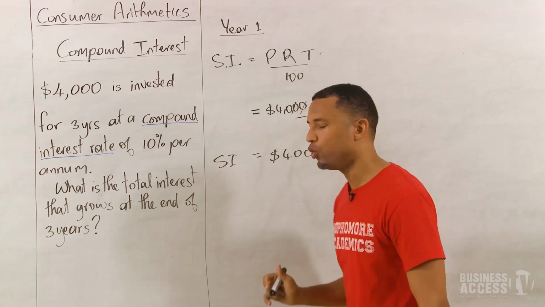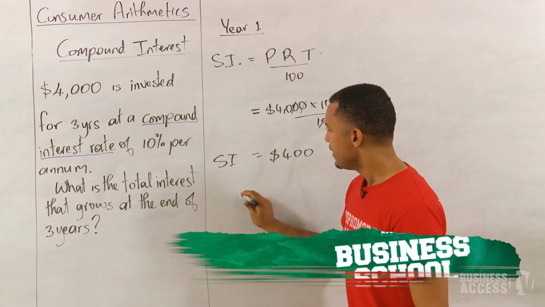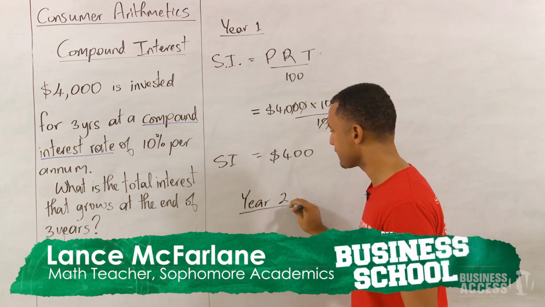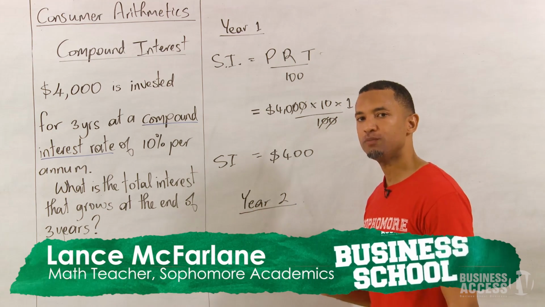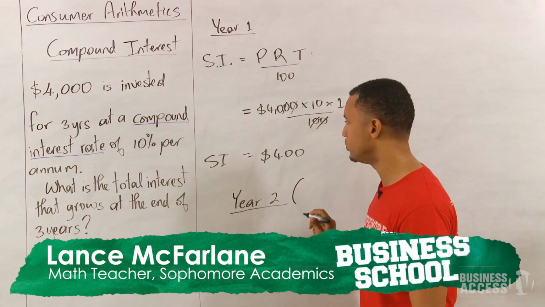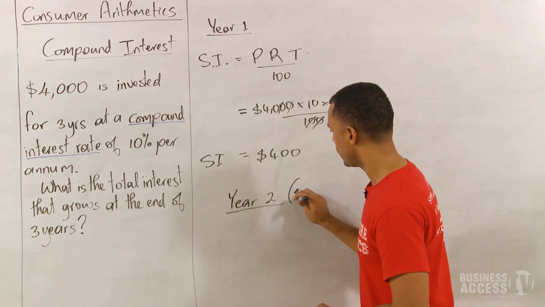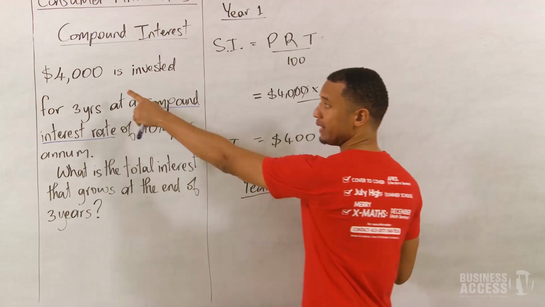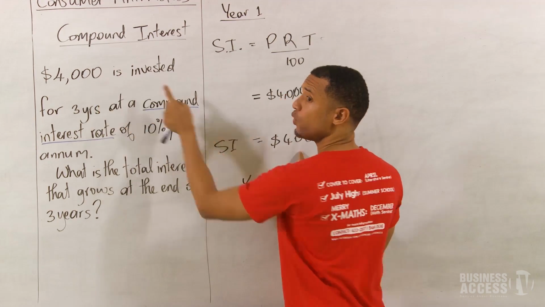Now, this is what they do with compound interest. At the beginning of year 2, guess how much money you now have? You now have the $4,000 which you initially invested plus this $400.